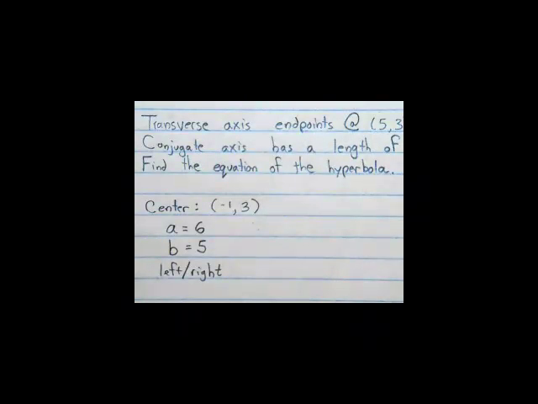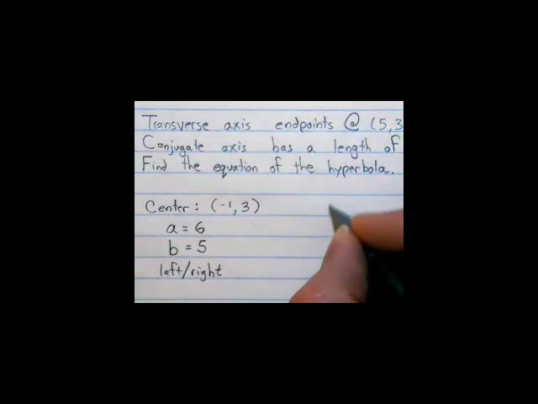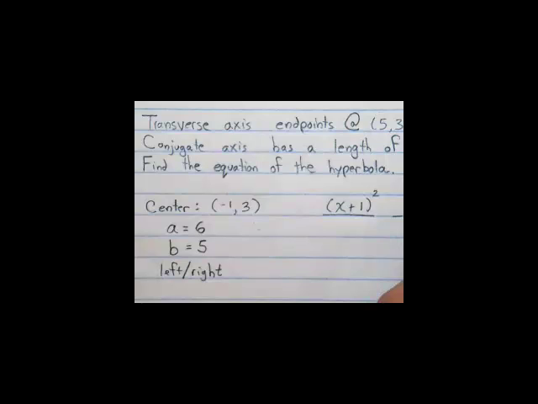Okay? All right. So if it's a left-right hyperbola, what's coming first? The x. Okay, so it's going to be x plus 1 squared and y minus 3 squared, like that, equals 1.